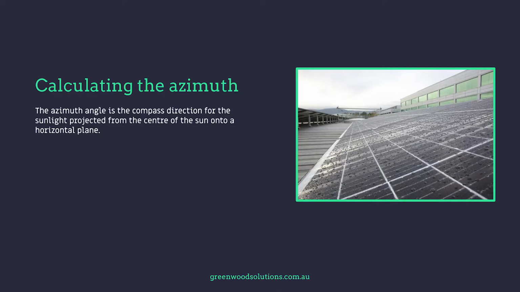So with panel row spacing there's a few important concepts to understand. One is the azimuth angle, and this is the compass direction for the sunlight projected from the centre of the sun onto a horizontal plane. At solar noon, the sun is always directly north in the Southern Hemisphere.